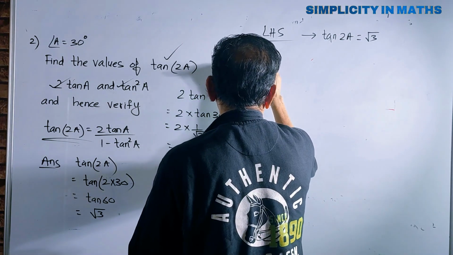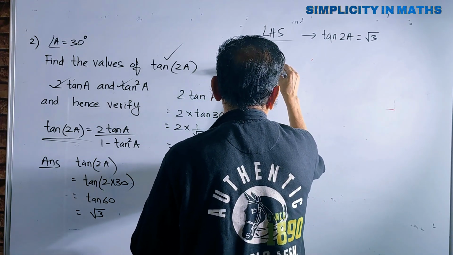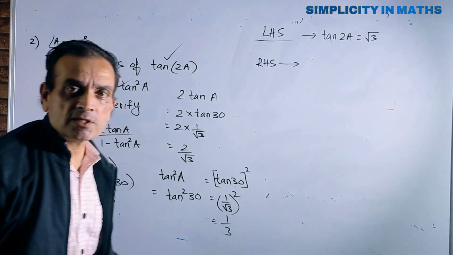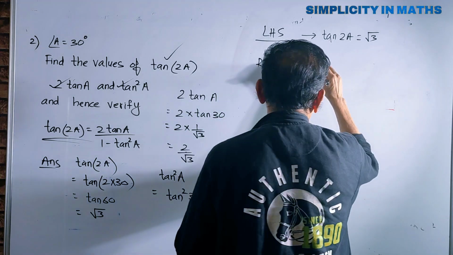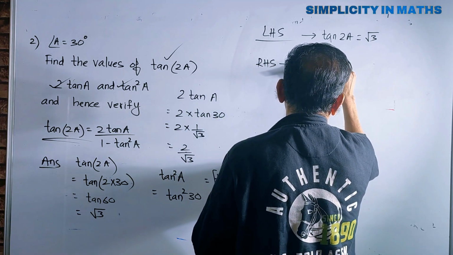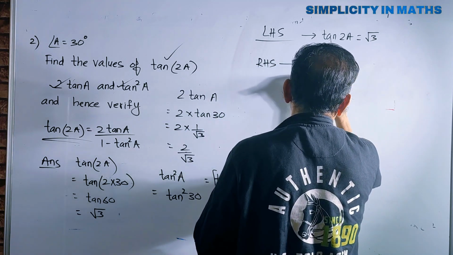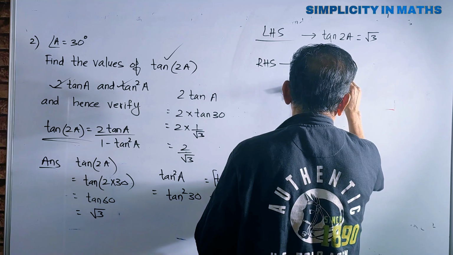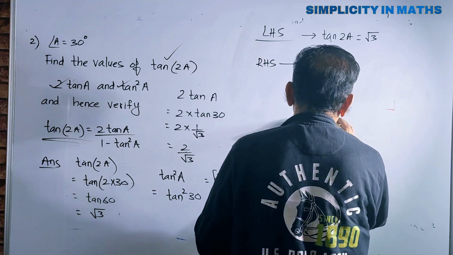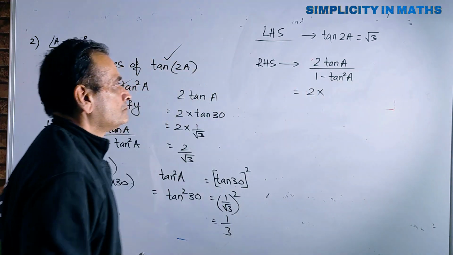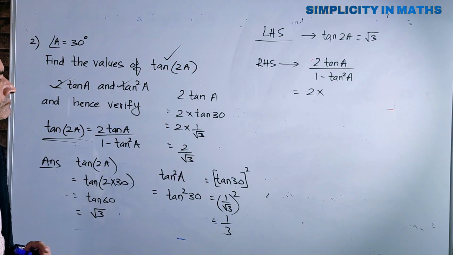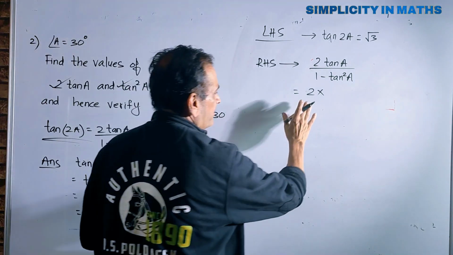RHS. Look, RHS is 2 tan A upon 1 minus tan squared A. Okay, we have this value.